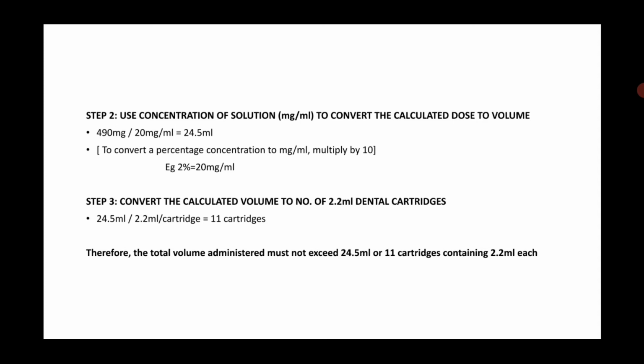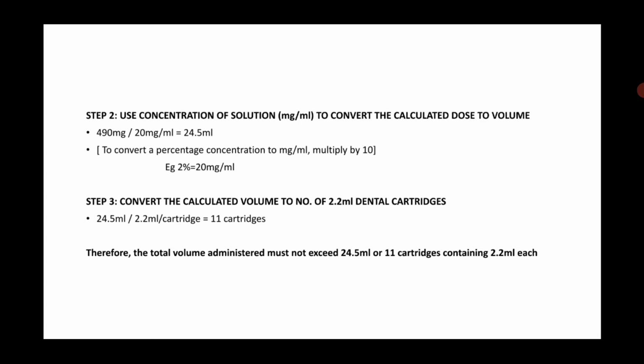Now you use that concentration in milligrams per milliliter to convert the total amount into volume. 490 milligrams is the total amount that can be given to that person. It has to be divided by the concentration of the solution, which is 2% lidocaine, meaning 20 milligrams per milliliter.